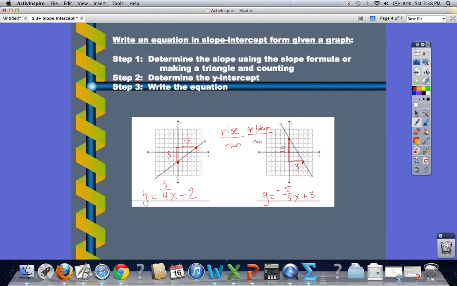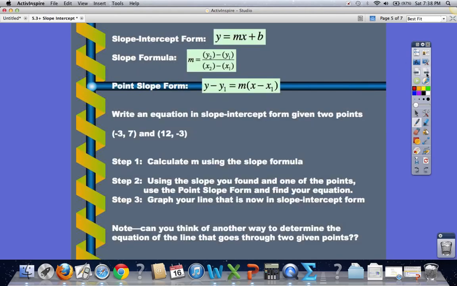Very, very simple. All right, so we have 3 formulas. We have y is equal to mx plus b, which is your slope intercept form. That's because there's a slope in it and the intercept. Then you have the slope formula where you're trying to find the slope when you only have 2 points. And you split it up, team 1, team 2, and split it in there.